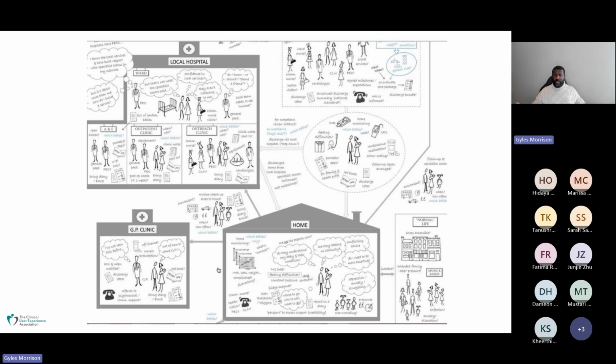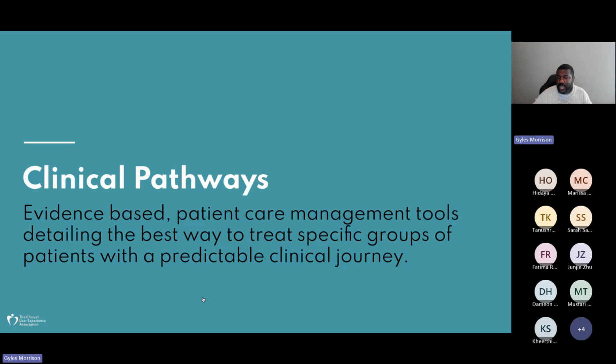Because if people think everything's working and people are actually still being treated, is it a problem? Some would argue it still is, but if people don't agree it's a problem, it's very hard for them to believe that they have any responsibility to find a solution to it. So in clinical pathways, I think the clinicians here would already understand this, but a clinical pathway is an evidence-based tool that allows you to manage what you're doing for a patient, to give them the right care, to optimize how best to treat them in a predictable clinical journey.